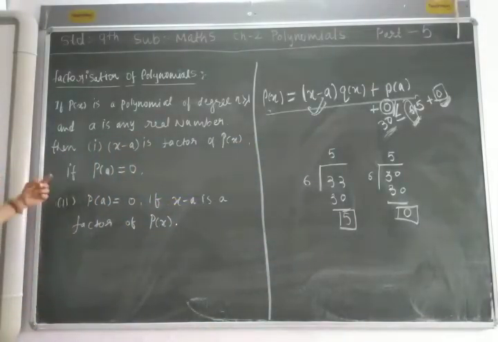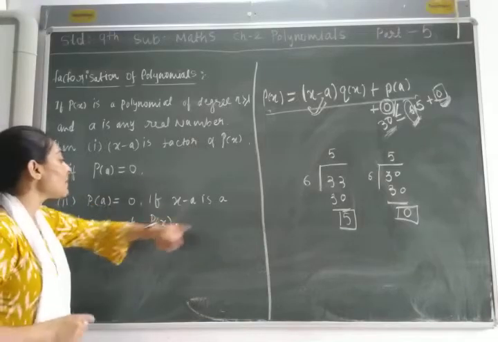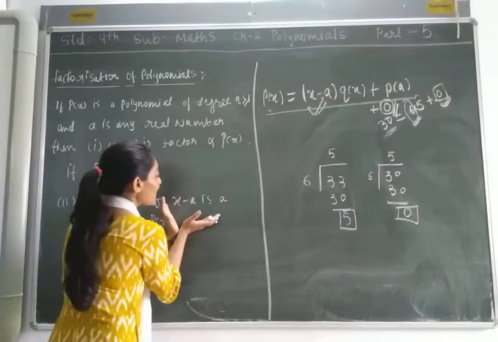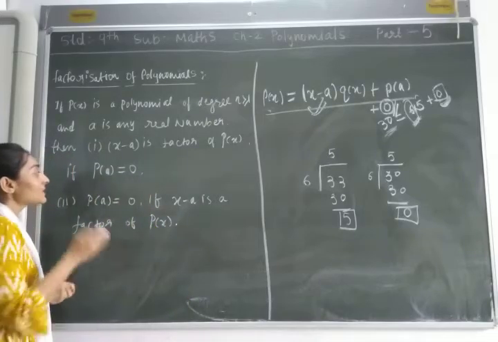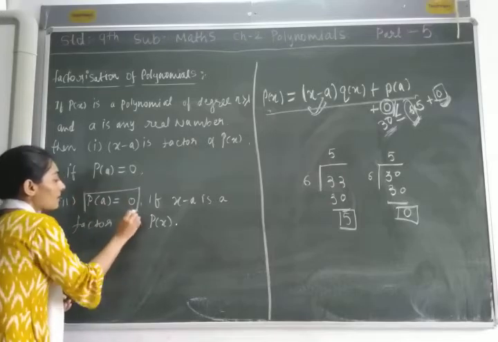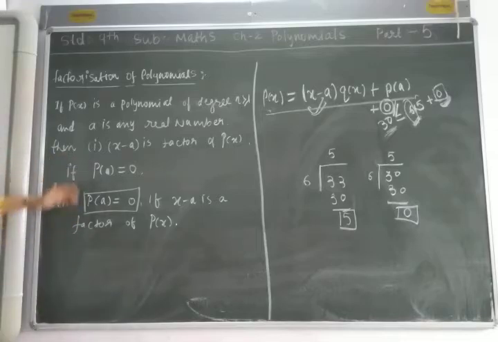Now, the second thing is p of a equals 0 if x minus a is a factor of p of x. If my x minus a is a factor of p of x, we can say that my remainder is equal to 0. It's just a vice versa thing.